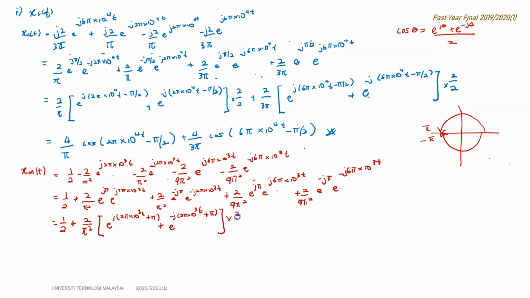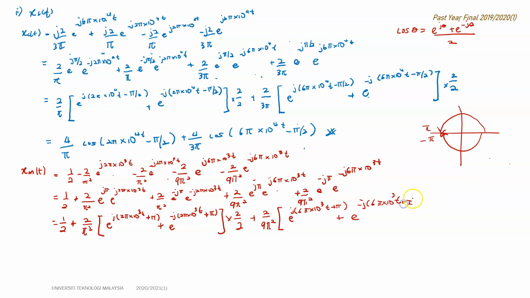We multiply by 2 over 2 so that we can use the Euler's function after this. Right, and then we take out 2 over 9 pi squared. In the bracket, what's left is exponent j, put the omega first, which is 6 pi multiplied by 10 power of 3t plus pi, plus exponent negative j, 6 pi multiplied by 10 power of 3t plus pi.